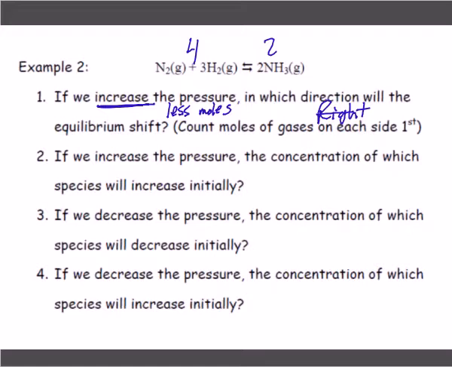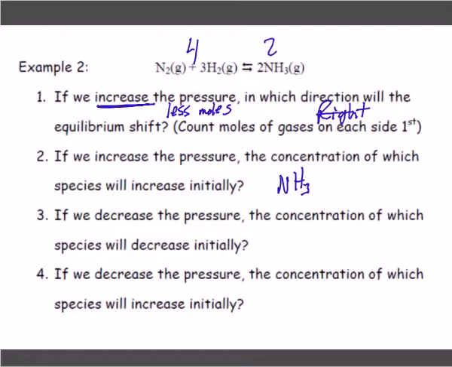All right. If we increase the pressure, the concentration of which species will increase initially? We already said, if we increase the pressure, we're going to shift to the right. So which substance's concentration is going to increase? Ammonia, NH3.